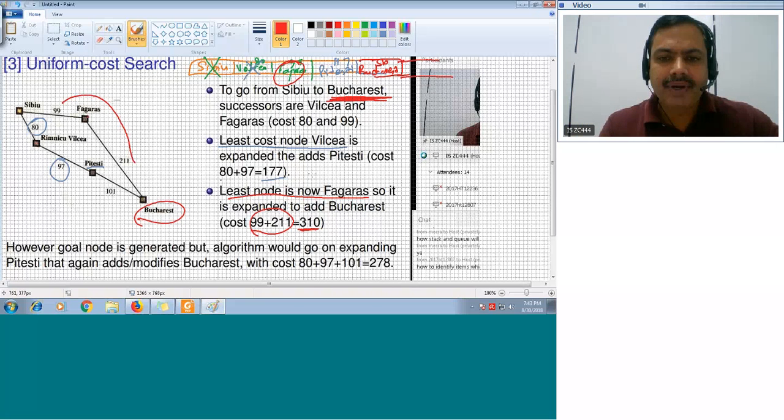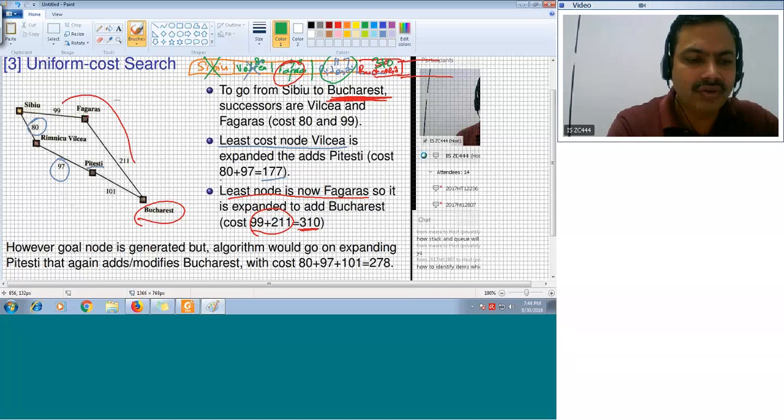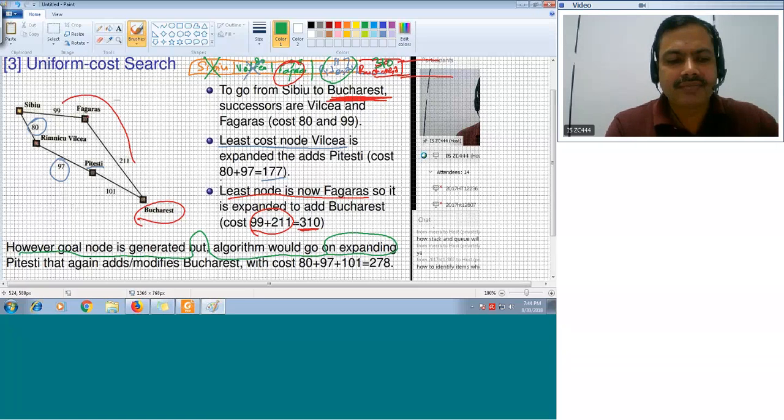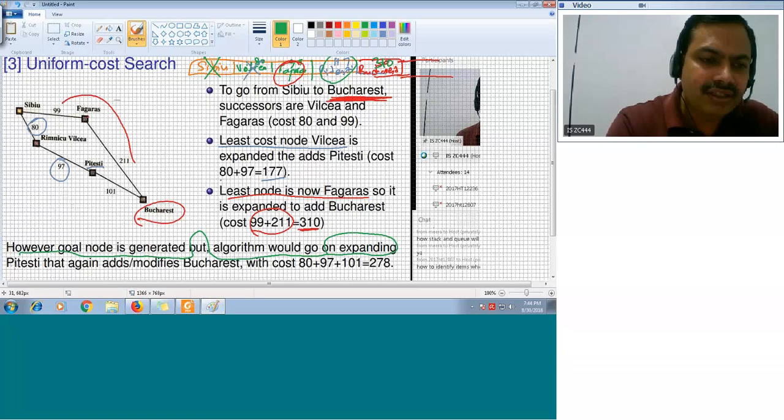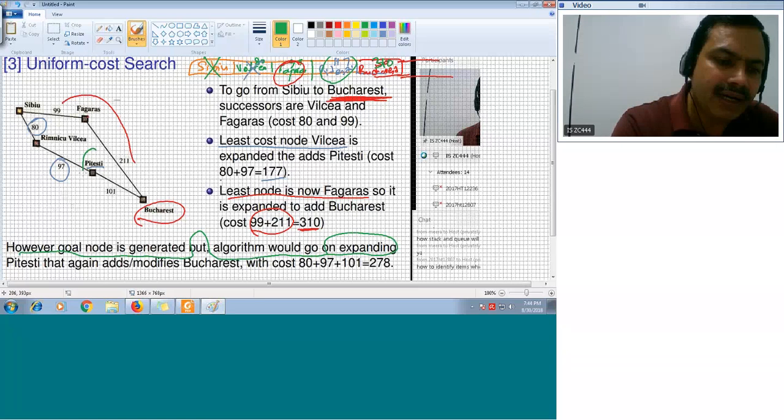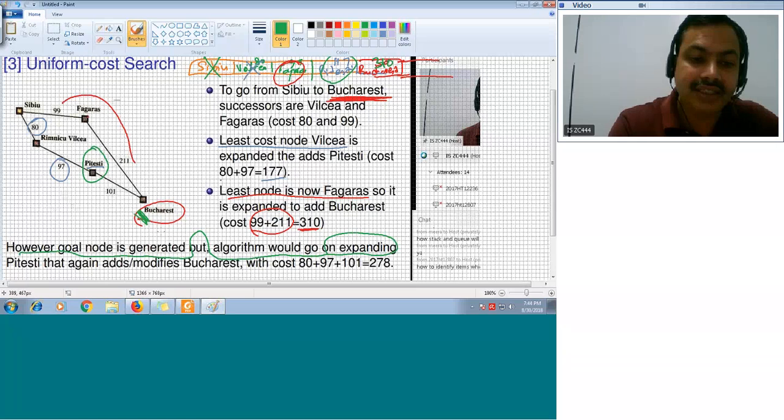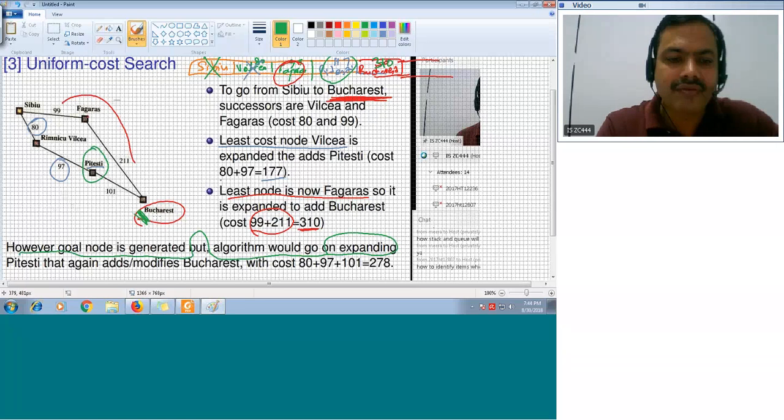So what would happen next? What is the next item? Because it is 310 now. Next, I would take this 177. Although the goal node is generated, the algorithm would go on expanding. So what is going to happen if you expand this? You are getting a new state again, Bucharest, and it is already in the frontier.